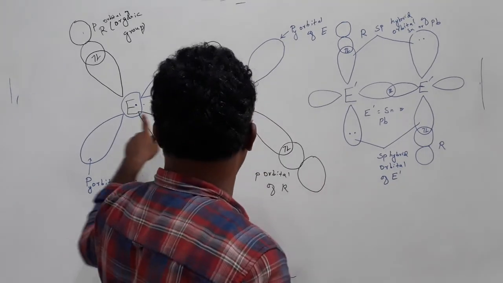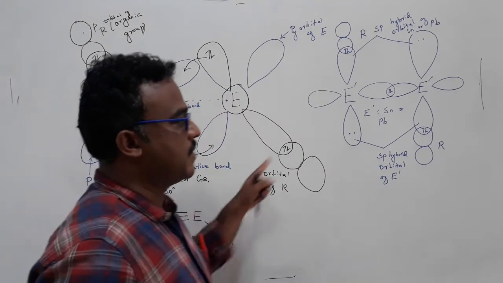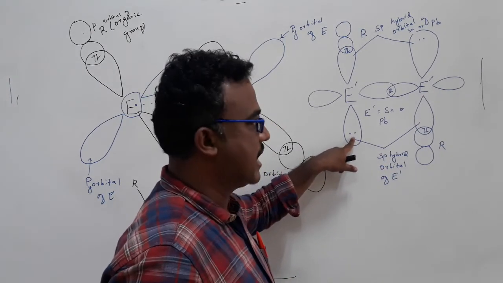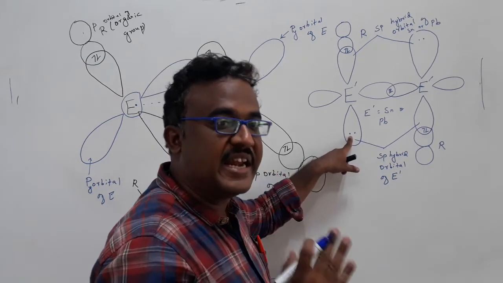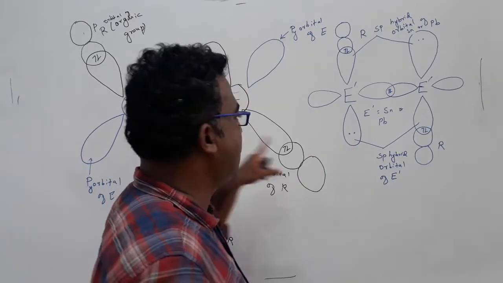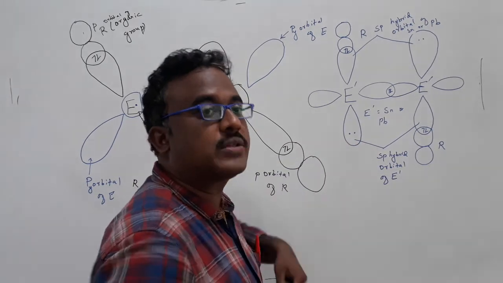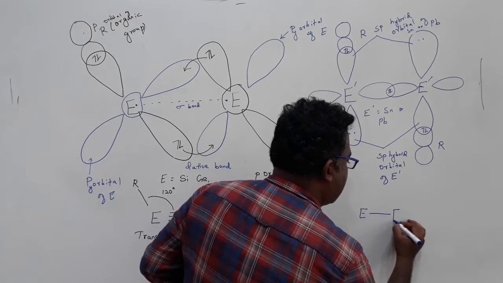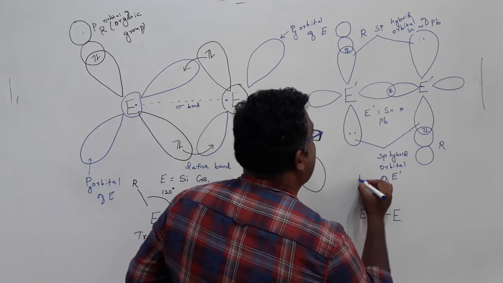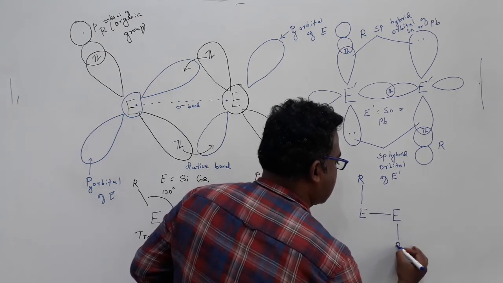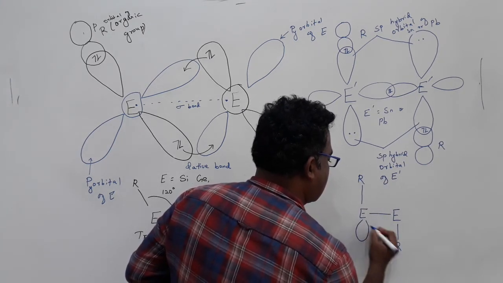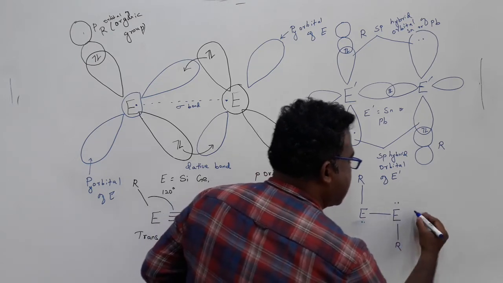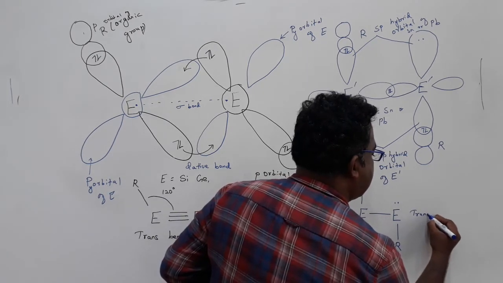When you come to tin and lead, you can see that one sp hybrid orbital has a pair of electrons that does not get involved in any kind of bonding. Even a dative bond is not formed in this case. So that makes the structure E single bond E, R, and instead of drawing a lone pair, we can put the unpaired electron directly. So it is also called trans-bent geometry.